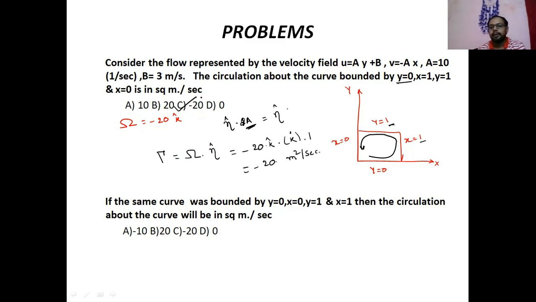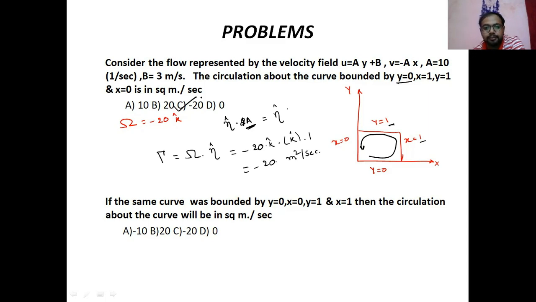This is the way, because the sense of the rotation here is anti-clockwise. So if you use your right hand in this way, you get the right hand screw rule, and you will see the positive z axis.